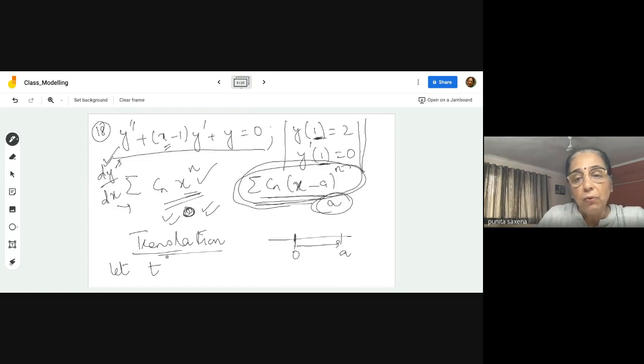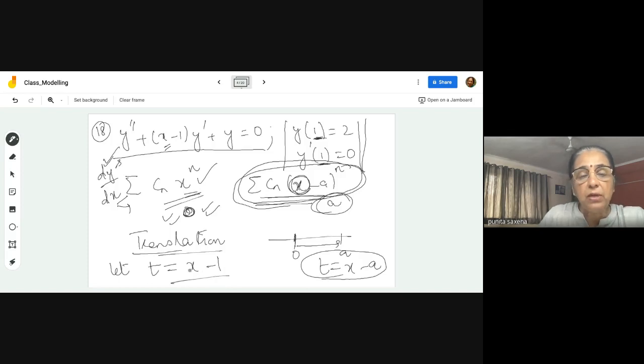So the translation has to be done for x, your independent variable. We are redefining our independent variable as x minus 1, or in general, t equal to x minus a.